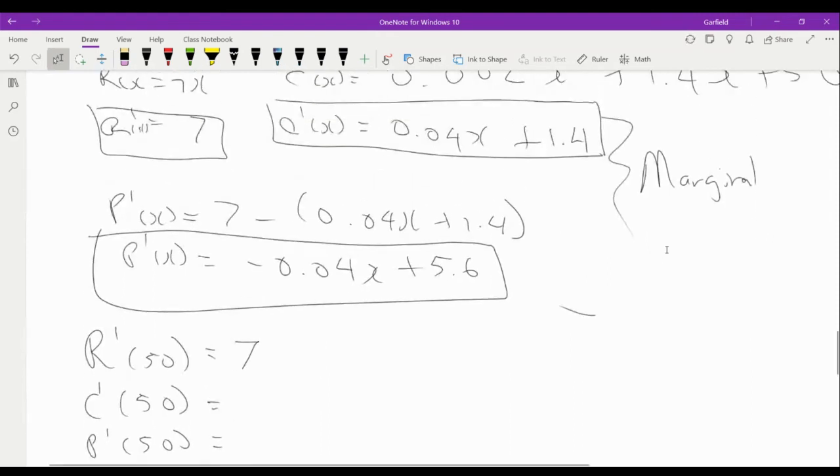What is C prime of 50? It's 3.4. And these are in dollars.